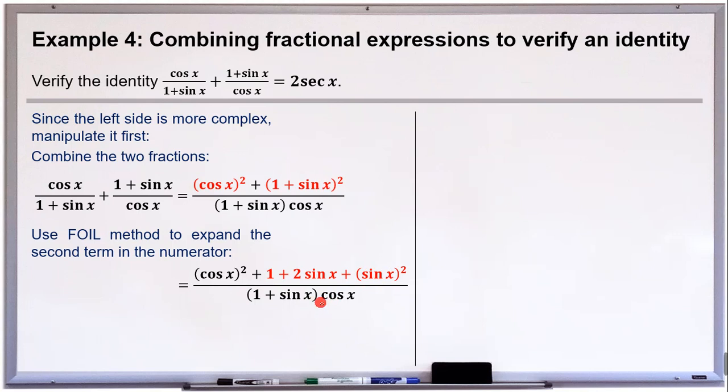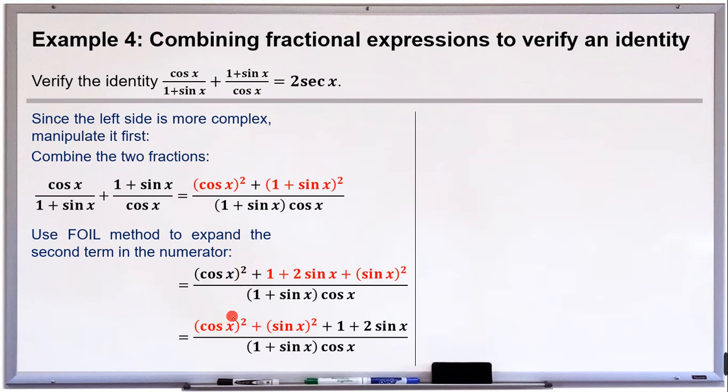Next, combine like terms in the numerator, so you have cosine squared x plus sine squared x plus 1 plus 2 sine x. I guess there are no like terms, but what I did here is I put the sine x squared closer to cosine x squared.